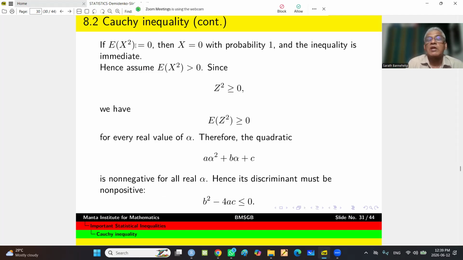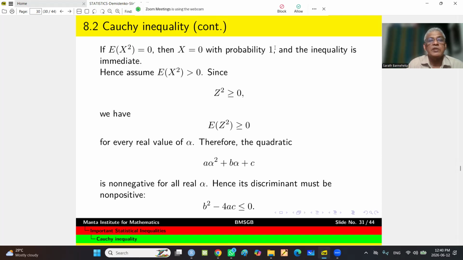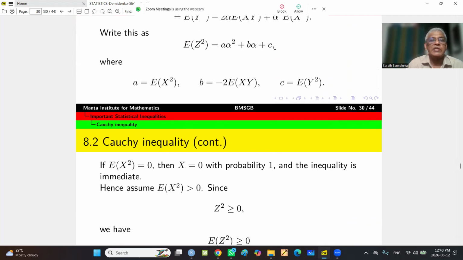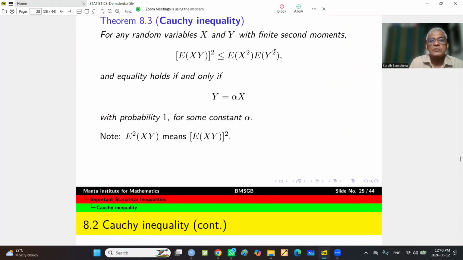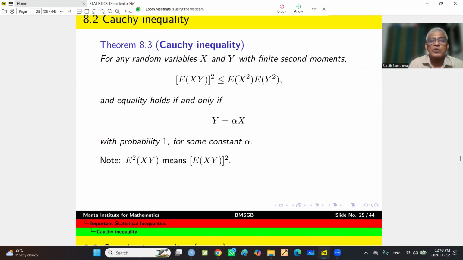In that case the inequality follows trivially, because this part will be 0, and because X is equal to 0 with probability 1, the expected value of XY will also be 0. So we have 0 less than or equal to 0, where of course equality prevails. So that is a trivial case.